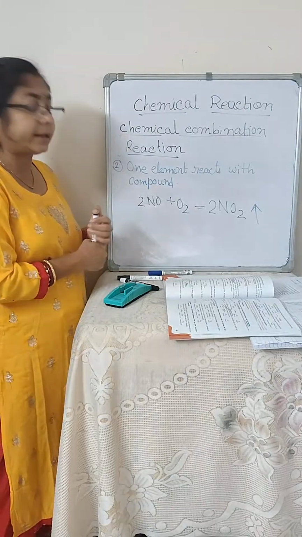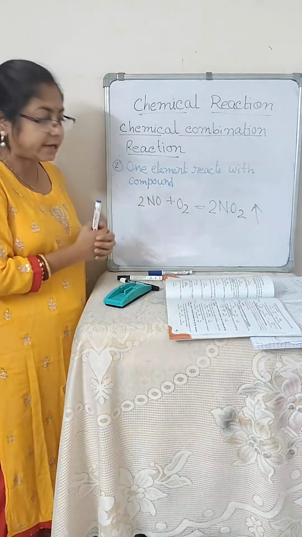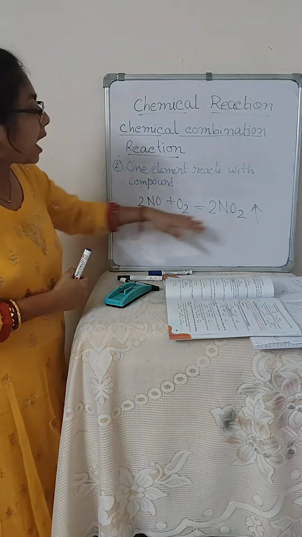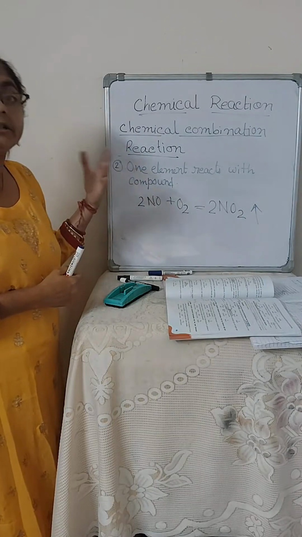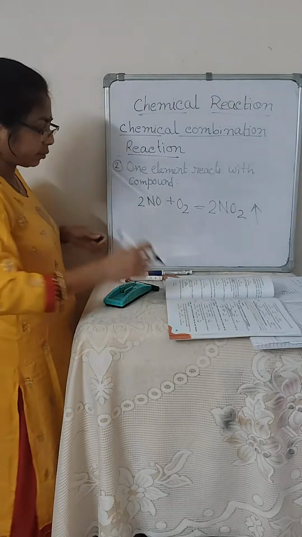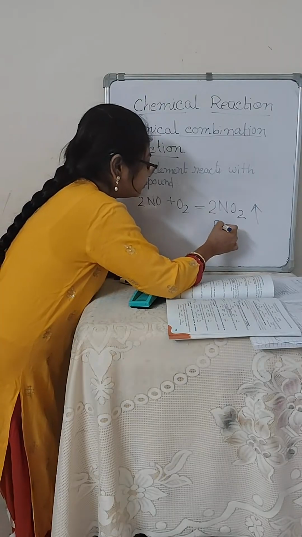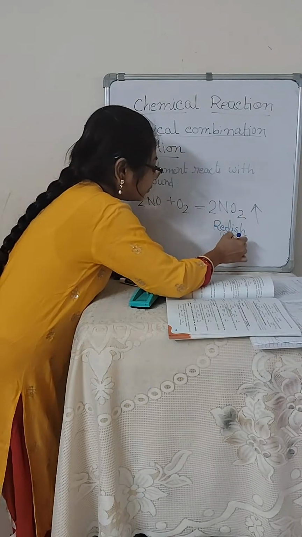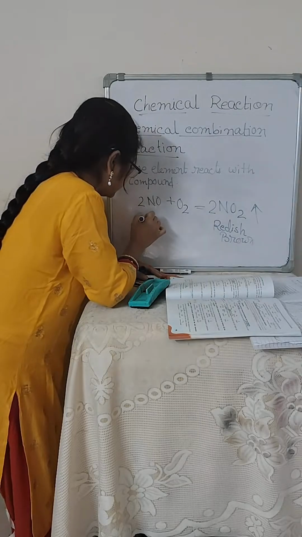And one more thing, a color change happens in this reaction. Look, this nitric oxide is colorless, and when it reacts with oxygen and prepares nitrogen dioxide, it is a reddish brown color. Okay, you write it also. This is reddish brown, and it is colorless.